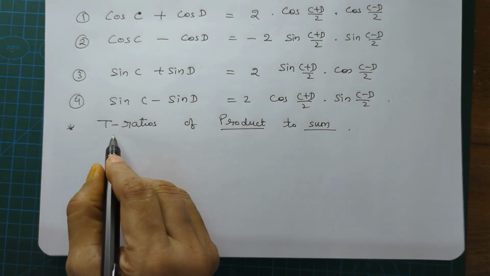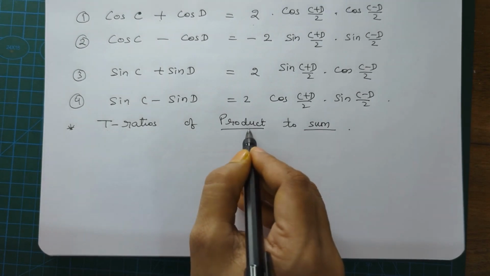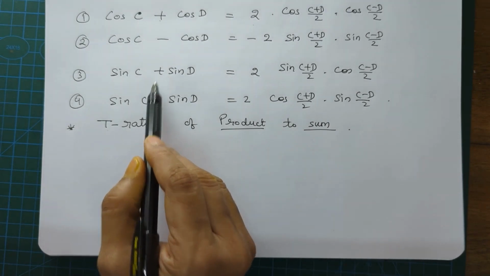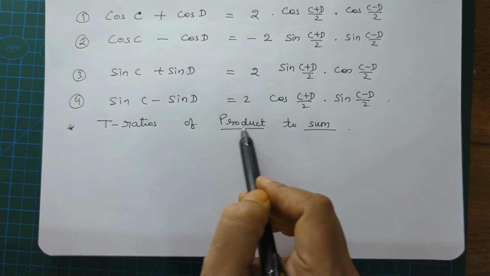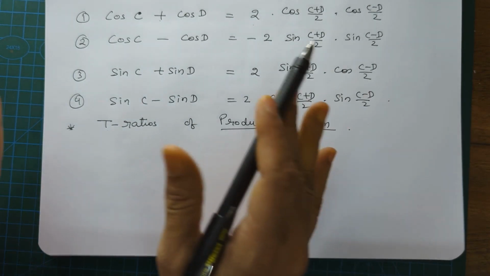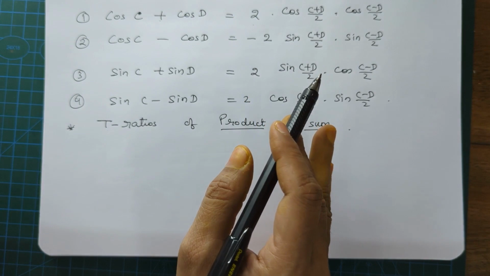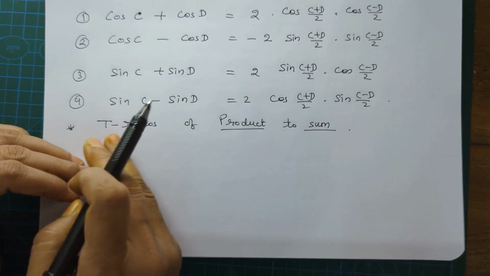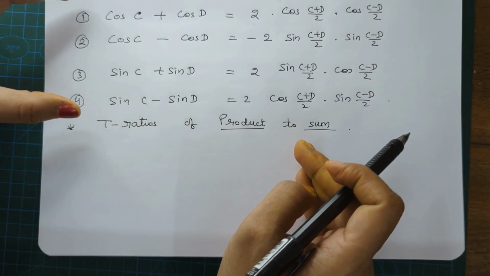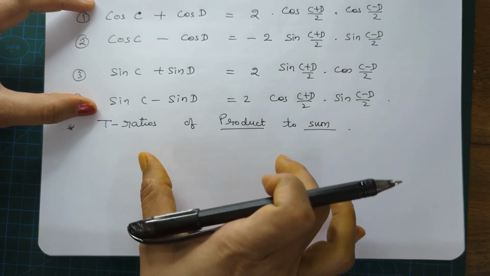The next set of identities are the t ratios of a product to sum. This was sum to product, now product to sum. Product to sum will be exactly like this, but we'll write it in terms of A and B. Generally, I don't try to remember this part. I only remember these, and from here I figure out what these could be.